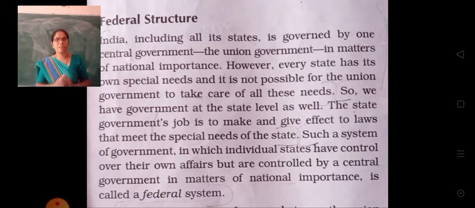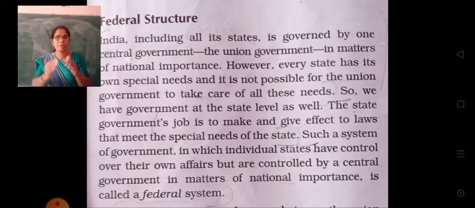In such a system of government, individual states have control over their own affairs but are controlled by the central government in matters of national importance. Such a system is called a federal system.